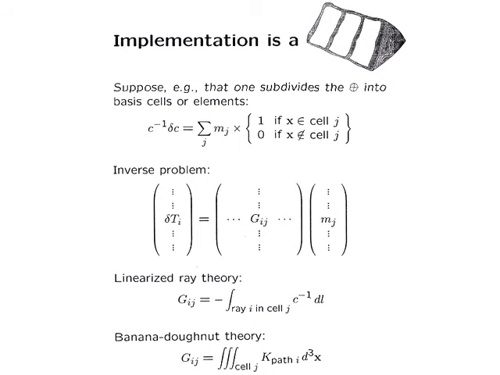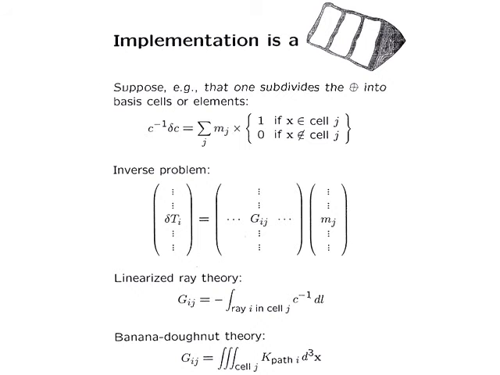What you need to do in a tomographic inversion is find this matrix here that relates changes in your Earth model to your data, in this case travel time residuals. In the very simplest case, which is not actually what we're using at Princeton, you parameterize your model as a bunch of cells and say the velocity is constant within every cell.